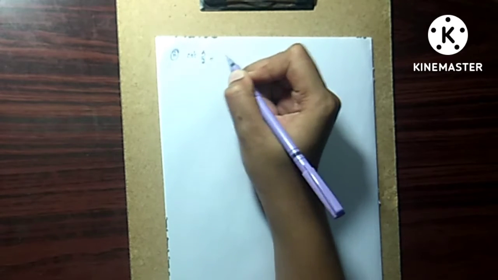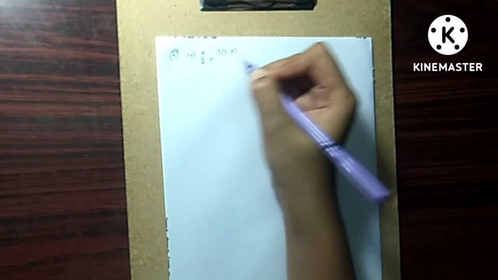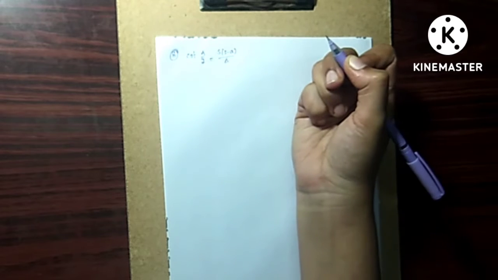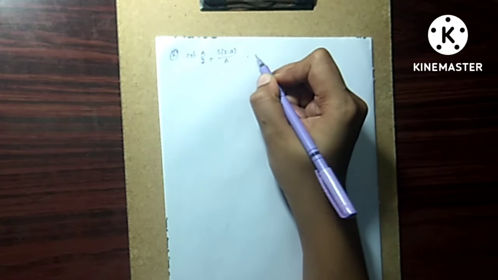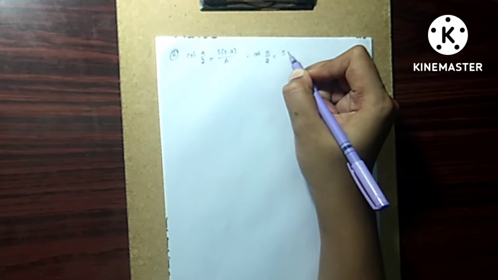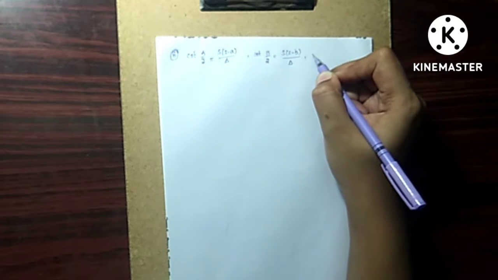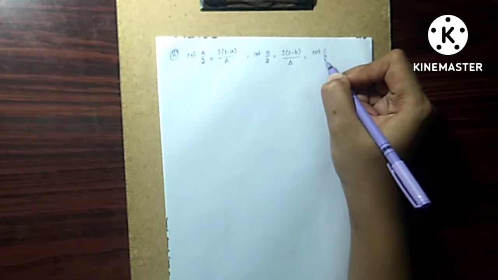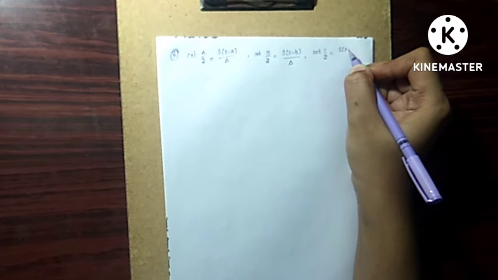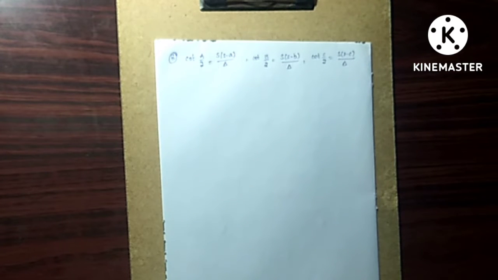So cot A by 2 is equal to s into s minus a by delta. Then cot B by 2 is equal to s into s minus b by delta, and cot C by 2 is equal to s into s minus c by delta. That's it. That's our 8th formula.